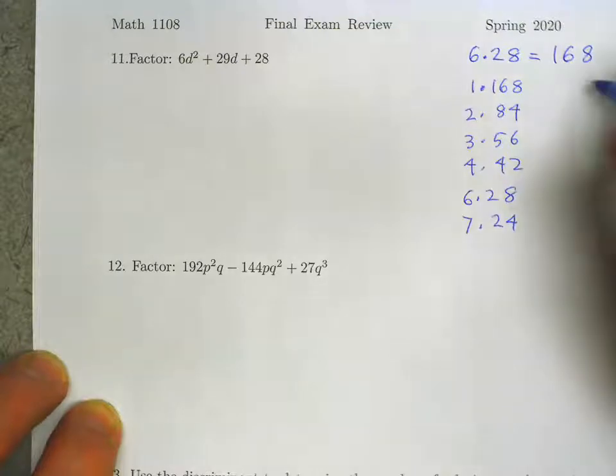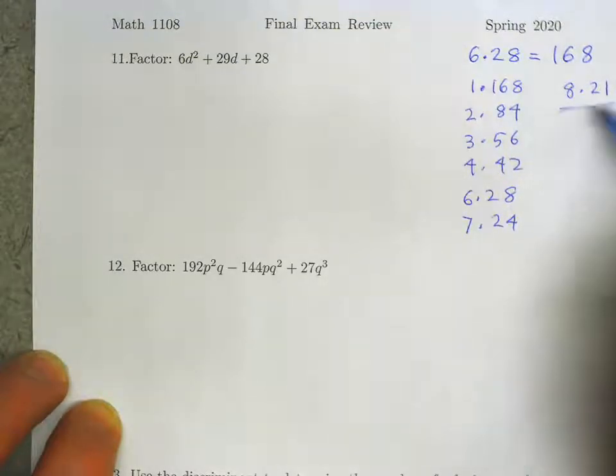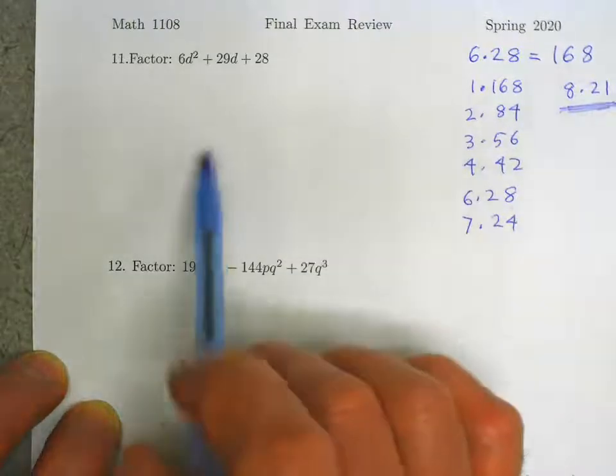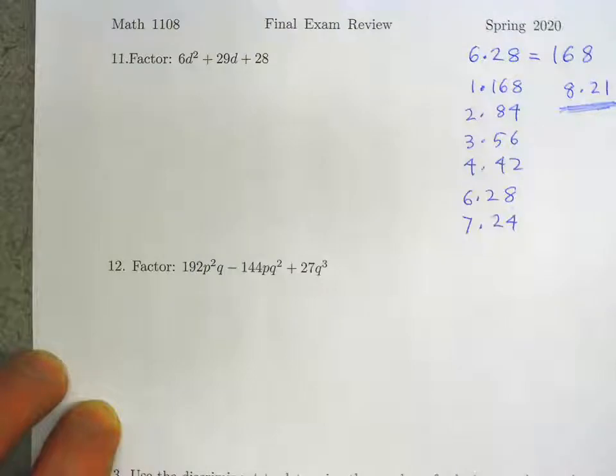And then 8 times 21, those add up to 29. So that means we can factor this with integer coefficients.